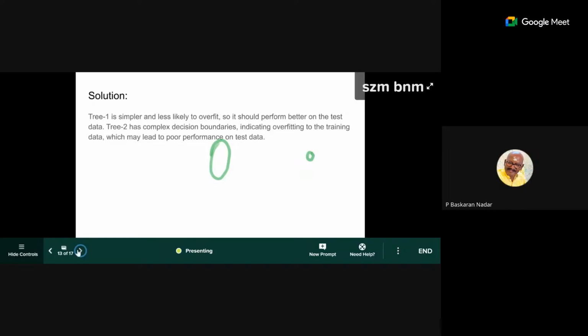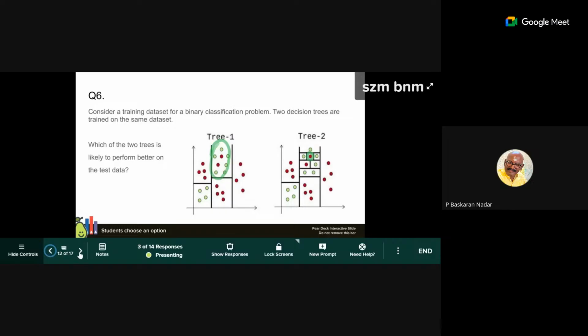That tendency to fit what we know is called overfitting. Overfitting is not good. That example very clearly says it's overfitting. From that, one can say tree 1 will be better. Okay, fine. Thank you.